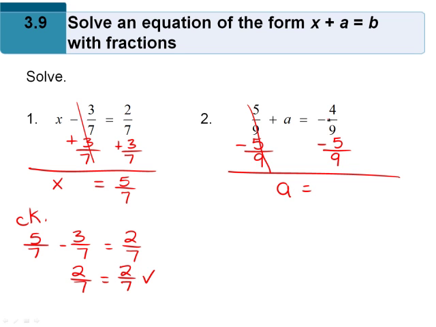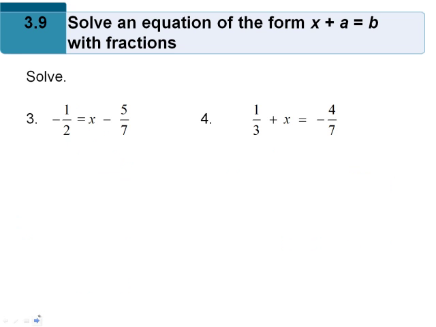Over here we have common denominators again, and two negative numerators. Remember, if the signs are the same, you add and keep the sign. Negative 4 and negative 5 is negative 9/9. Now you can reduce that: negative 9 divided by 9 is just negative 1, and that is your answer.